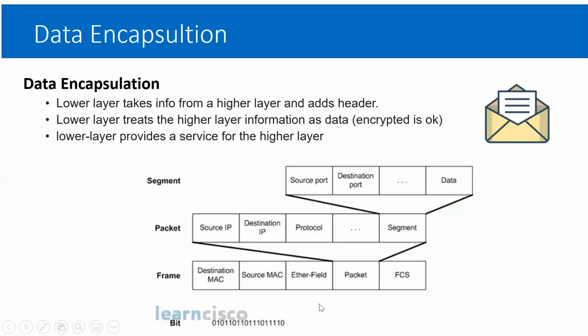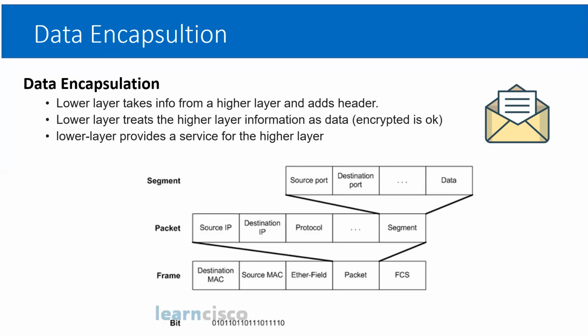Okay. We talked about encapsulation on the last chart, but simply put, that's where we move from layer to layer. The analogy would be, it's like putting a letter in an envelope, putting that envelope in a bigger envelope, putting that envelope in a bigger envelope, and so on. So everybody who gets their package or their copy of the layer, all they look at is the addressing on the outside label. They don't need to open it up and look at the data within.